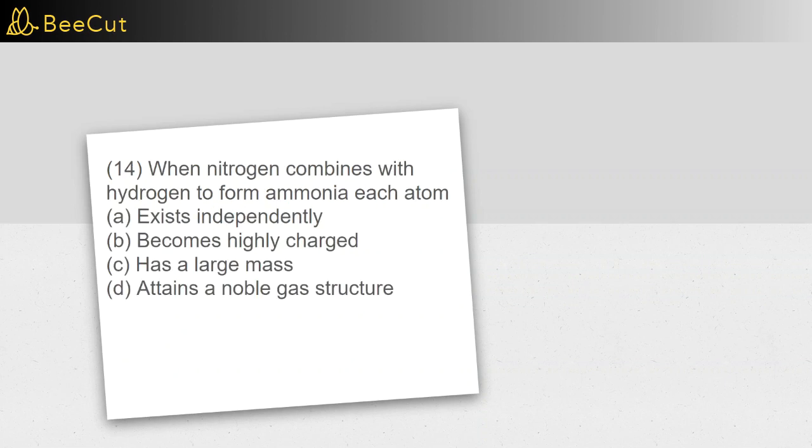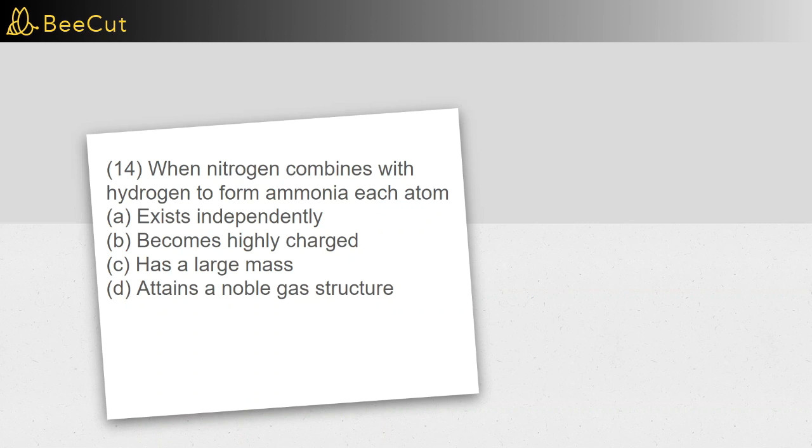Number 14. When nitrogen combines with hydrogen to form ammonia, each atom: A, exists independently, B, becomes higher charged, C, has a large mass, D, attains a noble gas structure. It will attain a noble gas structure.